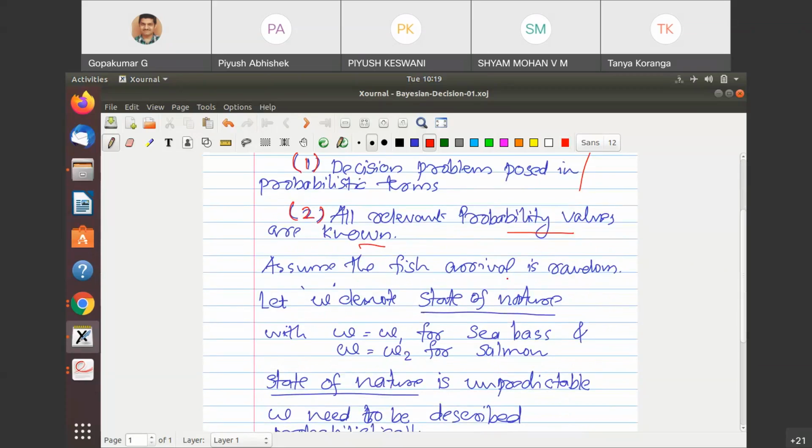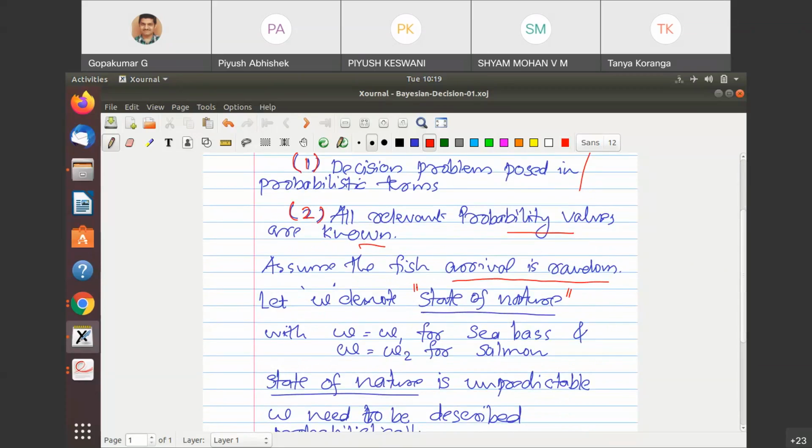So in our example, we are assuming that the fish arriving on the conveyor belt come in a random fashion. Whether it is a particular fish or another fish, we assume a state of the nature.